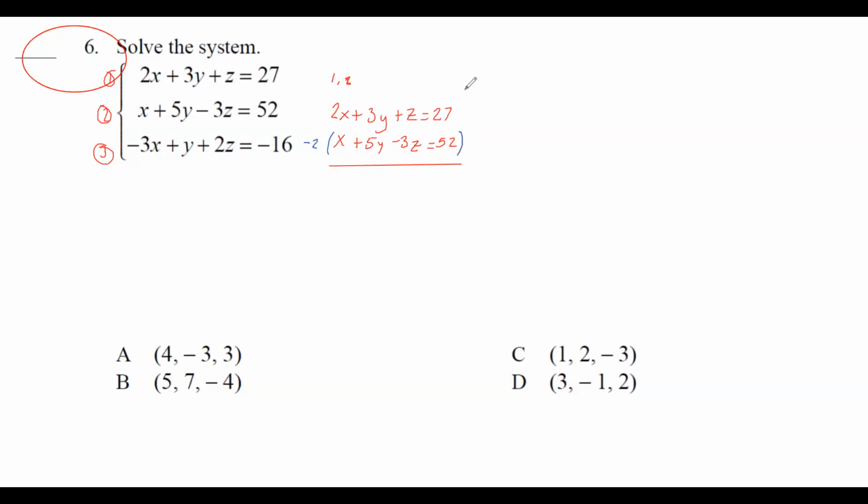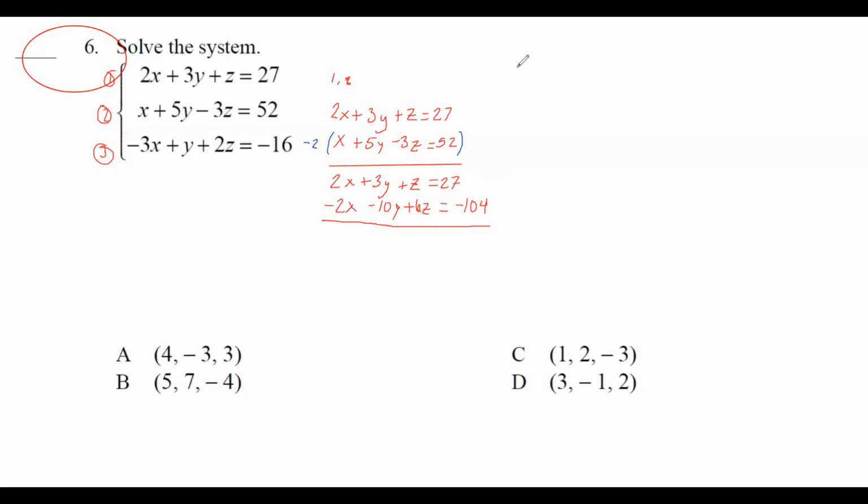Okay, perfect. So let's rewrite my first equation: 2x plus 3y plus z equals 27. I have now negative 2x minus 10y plus negative 2 times negative 3 is positive 6z equals 52 times negative 2, negative 104. Now we can combine.